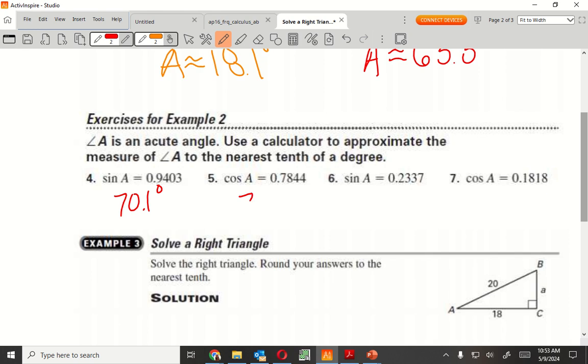It's 38.3. What do we get for 6? 14.5. And what do we get for 7? 9.5. Okay, now, we had a problem back there, 1818.